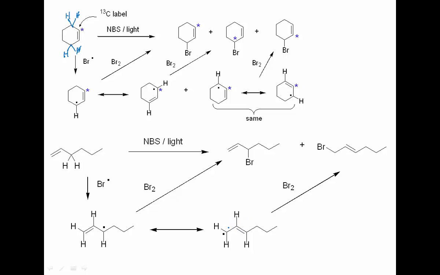And this resonance form is technically structurally different from this one. So when we react that one with bromine, it's going to produce the alternate product right here. Okay, so these reactions with unsymmetrical allylic systems can be quite messy. This reaction produces both of these compounds.